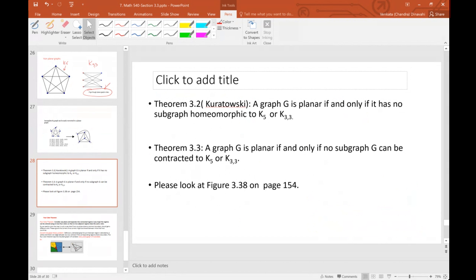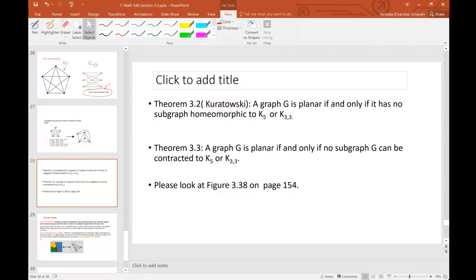Then that becomes a non-planar graph. Similarly, another result also: a graph is planar if and only if it has no subgraph that can be contracted to K5 or K3,3. In a sense, these two results say this. If there is a subgraph inside the huge graph which I can change to K5 or K3,3 either by subdividing it or by removing some edges, then that becomes non-planar.